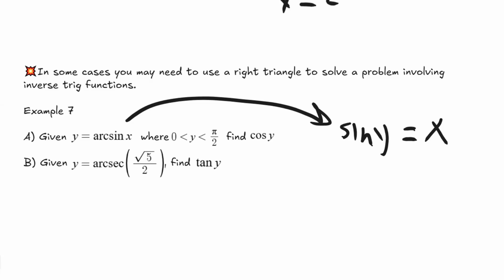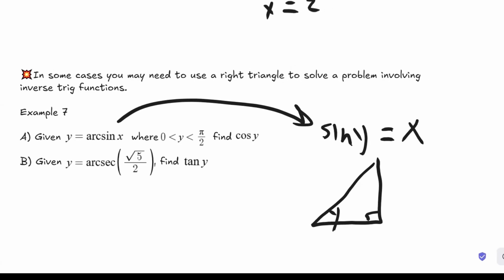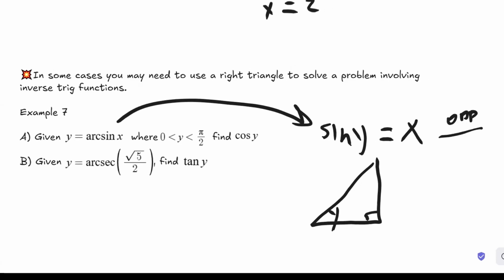This relationship between x and y can be represented by a right triangle. So if I draw my right triangle, the angle here is going to be y. This is the right angle. And remember, sine is opposite over hypotenuse. Since it's just equal to x here, we can understand that it's x over 1. So the opposite is going to be x. The hypotenuse is going to be 1.